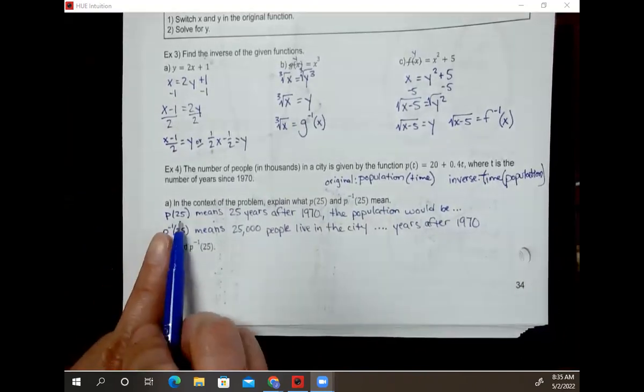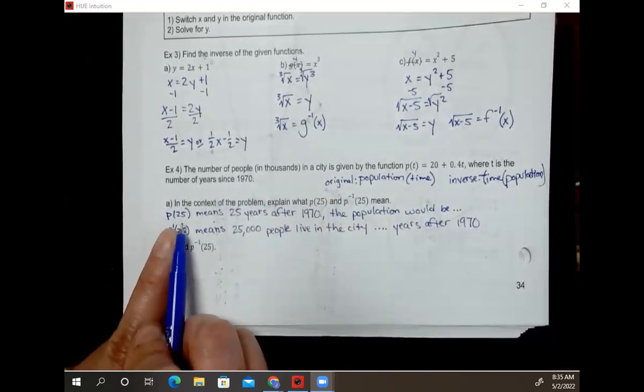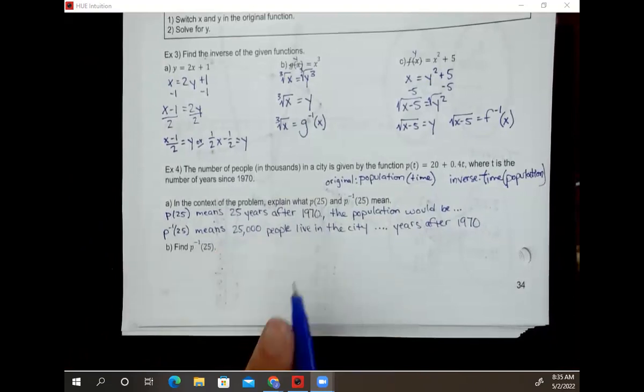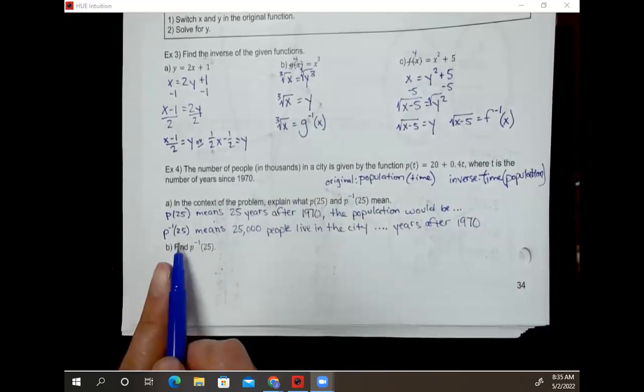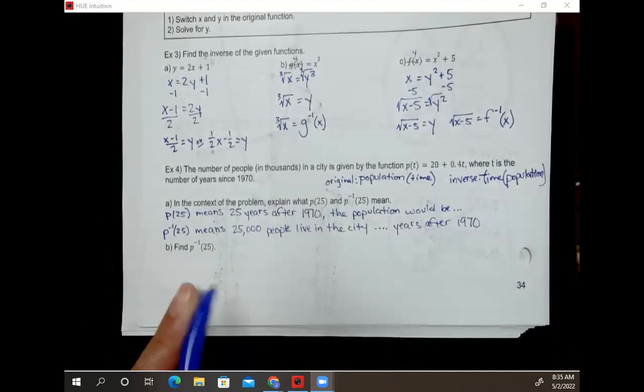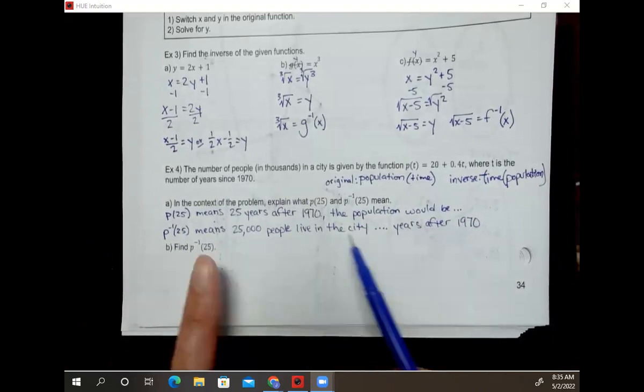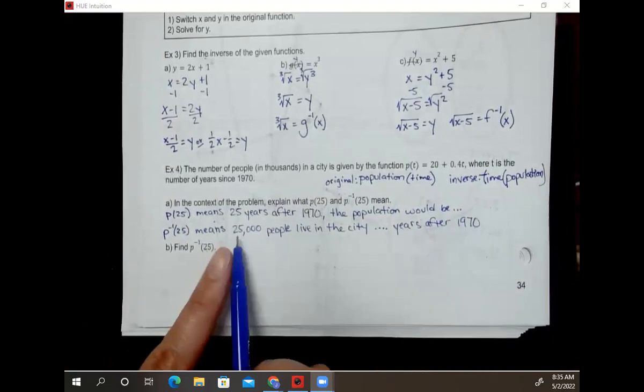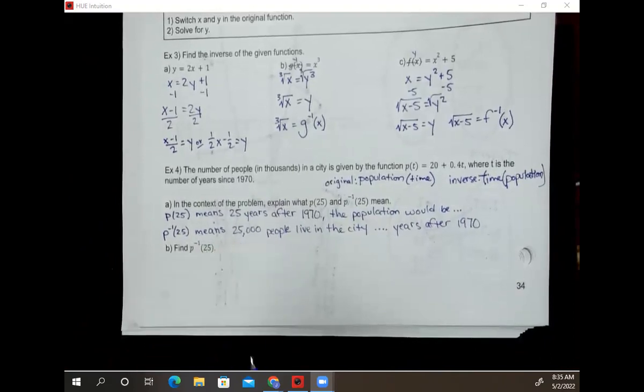So p of 25 would give us the population of our city 25 years after 1970. P inverse of 25 would give us how long it would take, how many years after 1970, for our population to reach 25,000 people. Now, let's go ahead for part B and find p inverse of 25.